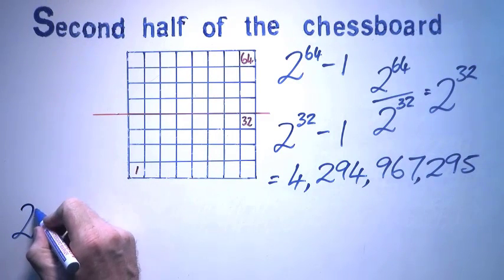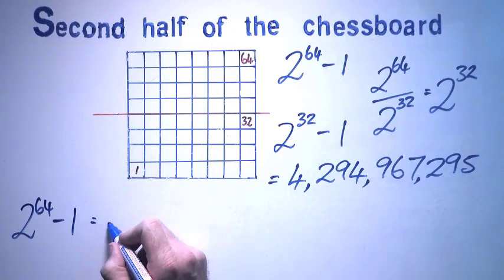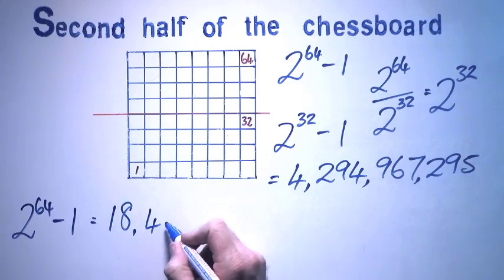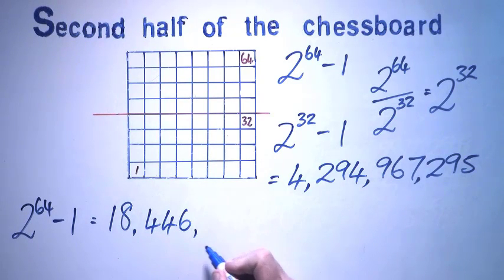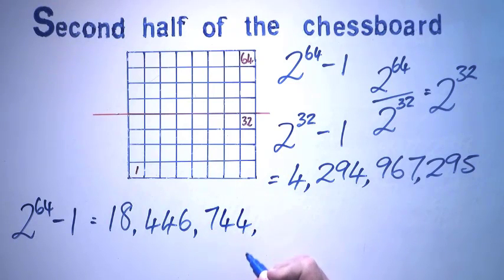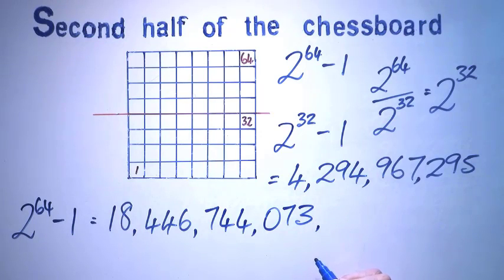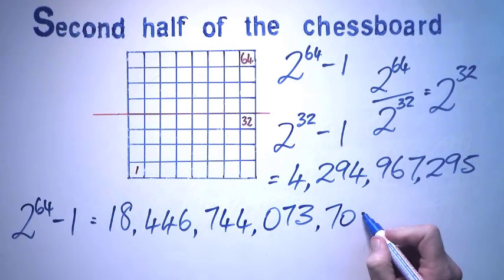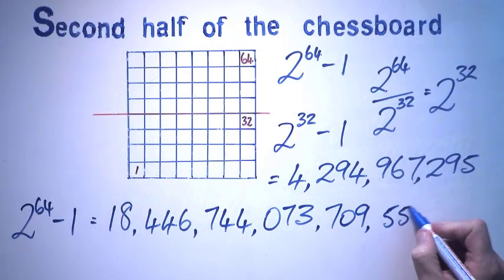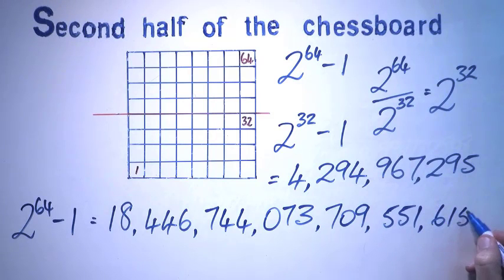2 to the 64th power minus 1 is in fact 18 quintillion, 446 quadrillion, 744 trillion, 73 billion, 709 million, 551,615.